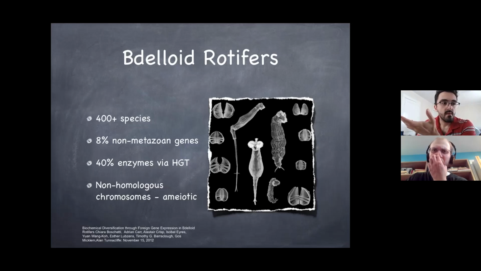So it's a group, these Bdelloid Rotifers, that includes about a few hundred species, and until recently, it was actually thought to be asexual, and actually this was thought to be the largest group of asexual organisms.